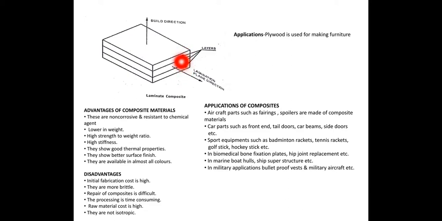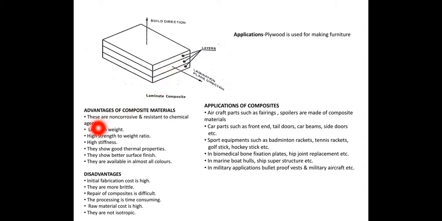One matrix material, one reinforced material, again matrix material. That means the reinforced material is sandwiched between the two matrix materials, and in this way, as per the requirement, we make the laminated composite material of the required thickness.